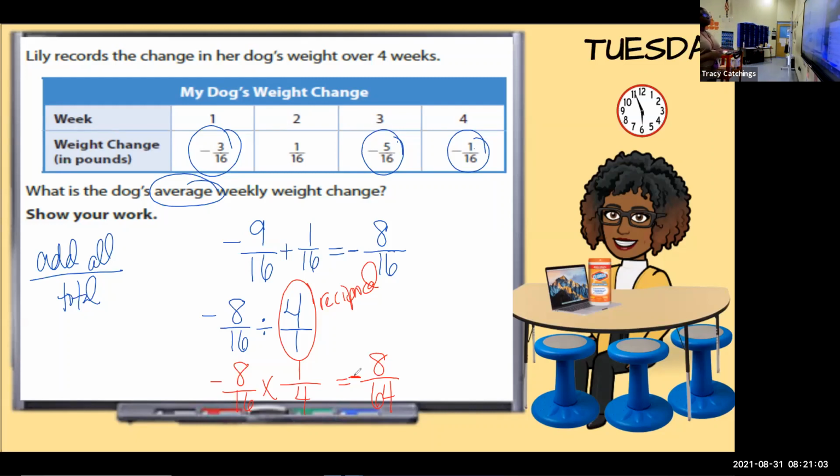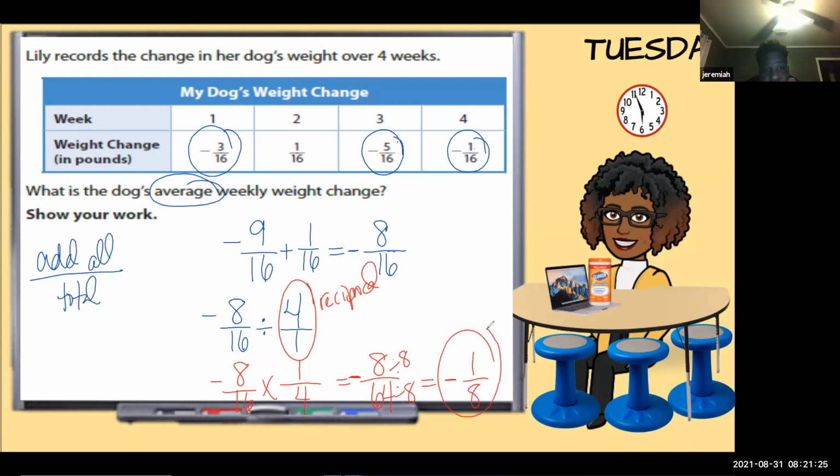It could be simplified. Divide by what? 8. All right, 8 divided by 8 is 1. 64 divided by 8 is 8. So our answer is negative 1/8.